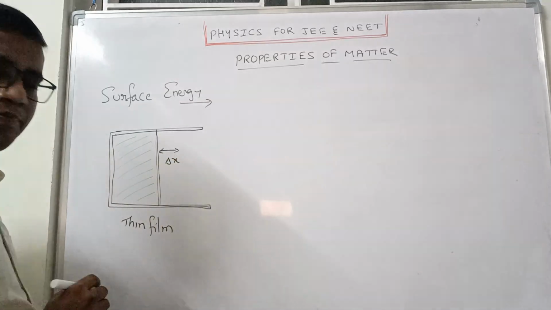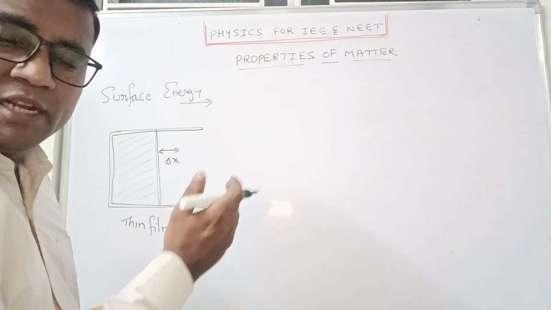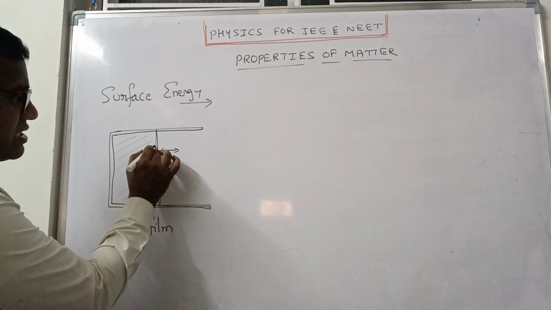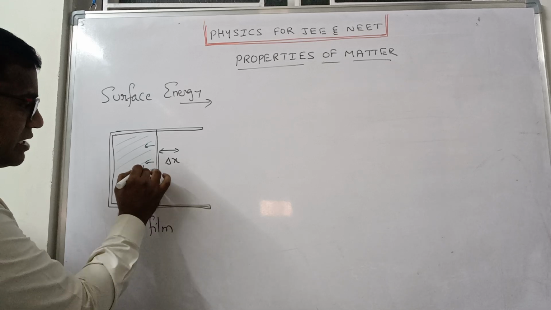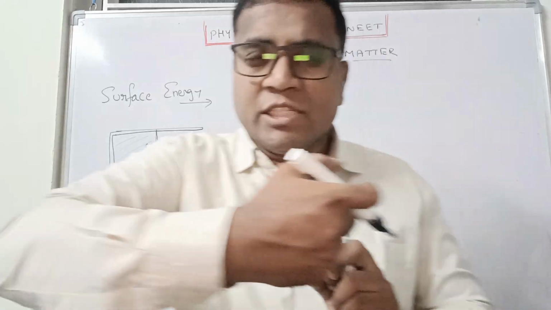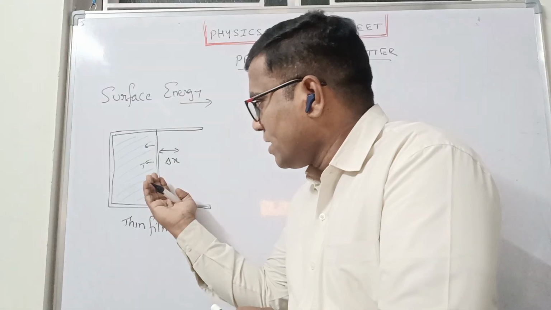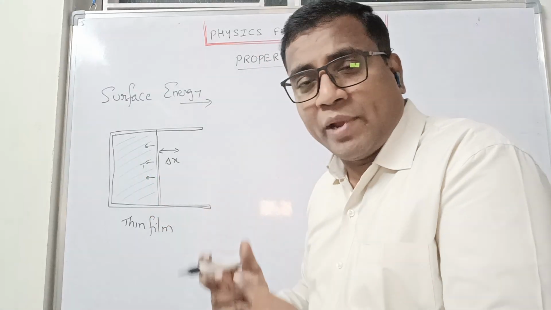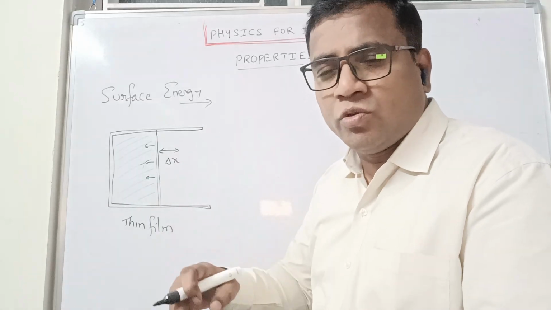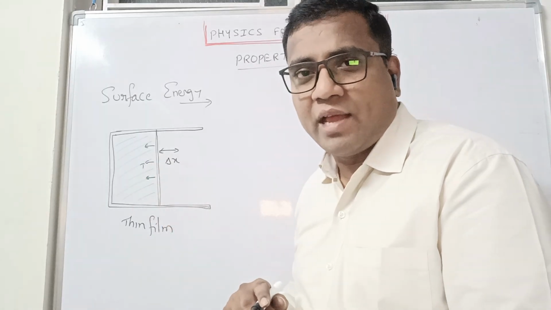When I want to displace the rod, due to this surface layer, some tension will be generated. I want to pull in this direction, and the tension is pulling in the other direction. So in order to pull this rod through a distance dx, I have to apply the minimum force, which is equal and opposite to the force developed by this tension. Clear? I hope you understood, right?